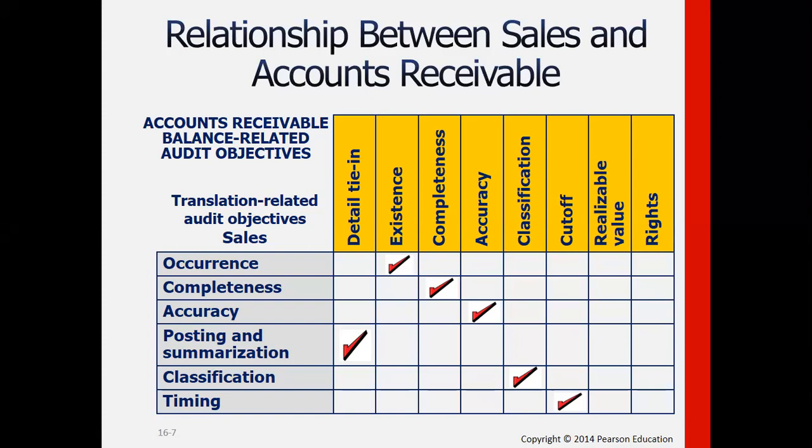Now, this can get confusing though, because I mentioned a while ago that here on the vertical orientation, we have the AR. Well, it looks like that, but if we analyze it because of realizable value here, these parts actually belong to AR, while these items here belong to sales.